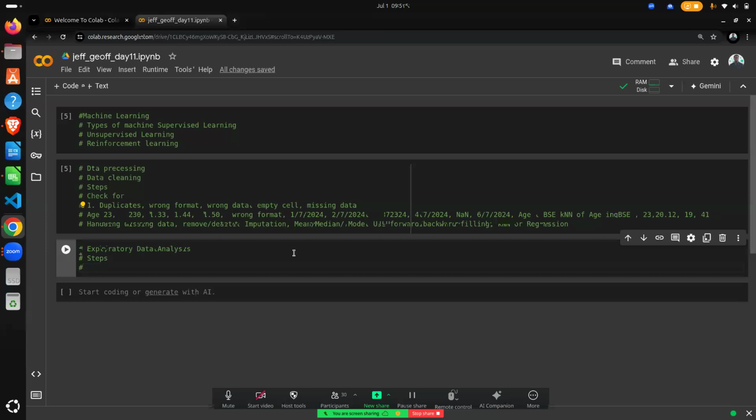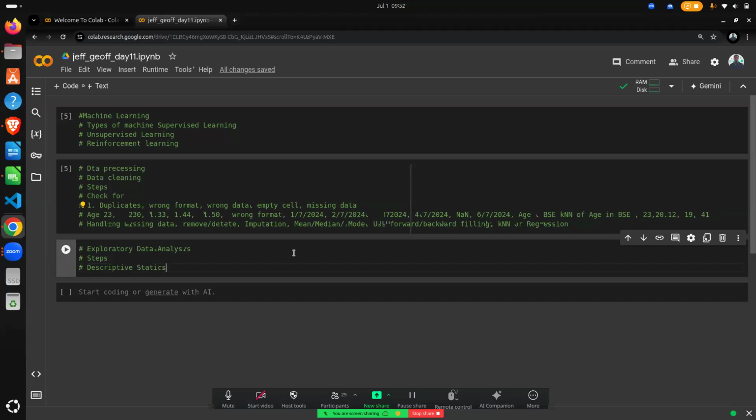Some of you have forgotten some of those things. But first, you need to do what we call descriptive statistics, using the describe method.